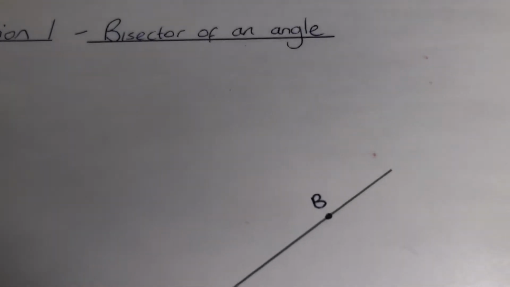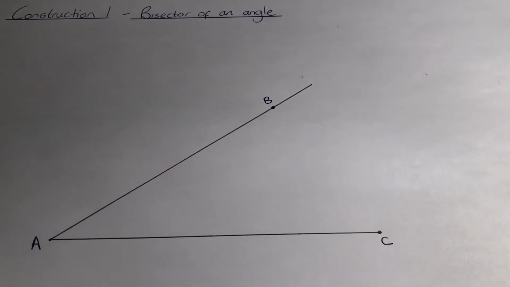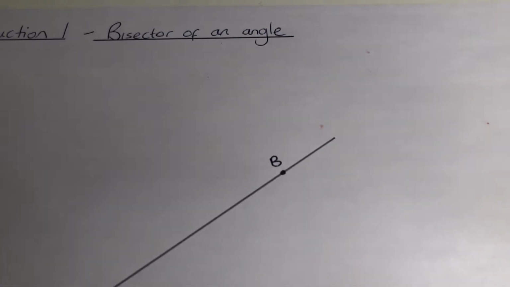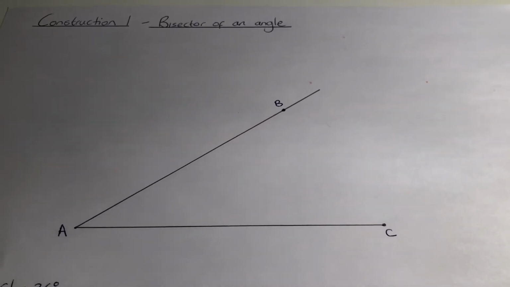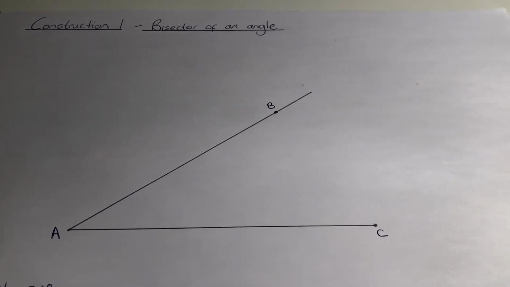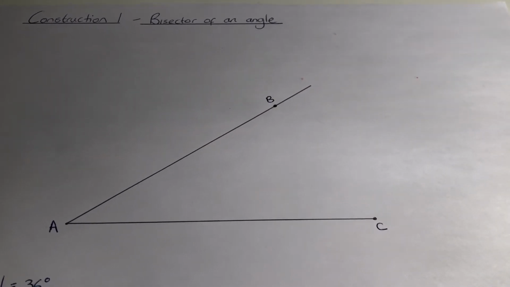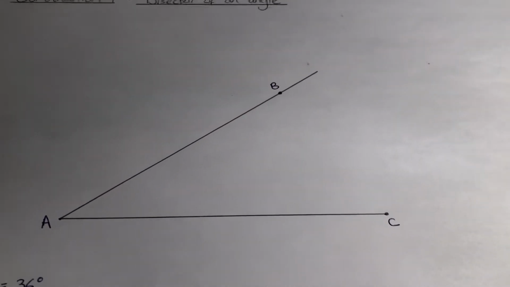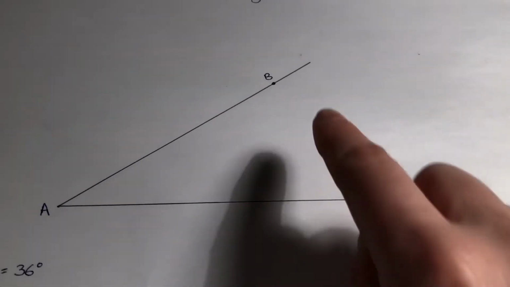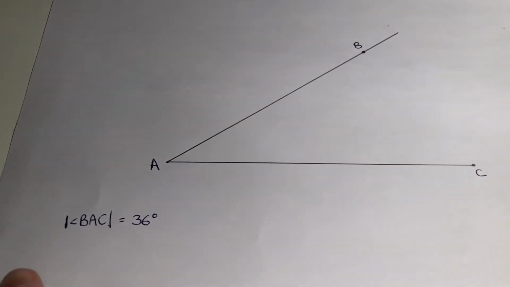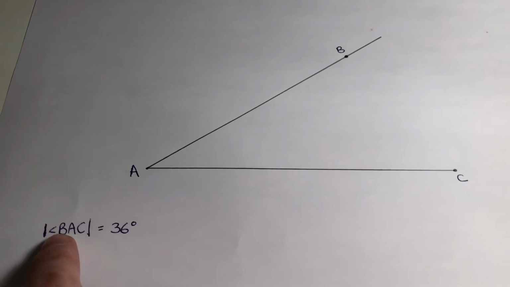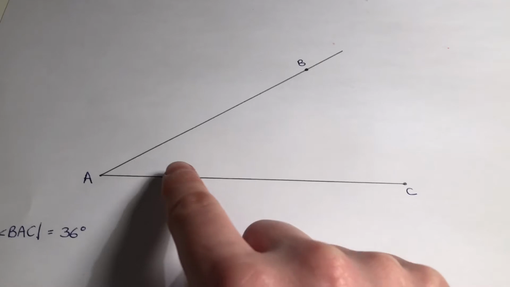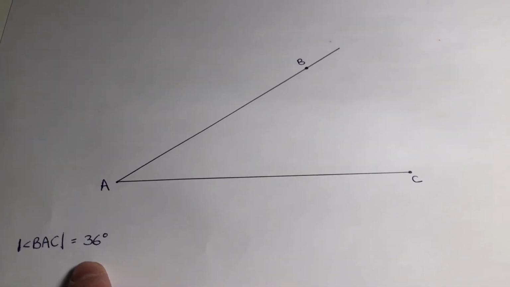Now, if we are creating a bisector, and in this case it's a bisector of an angle, that means that we are going to be cutting an angle into two exact halves. And in an exam, you will be given an existing original angle, such as the one that we measured earlier when we worked out that the measurement of the angle BAC, B to A to C, so this measurement here, was 36 degrees.